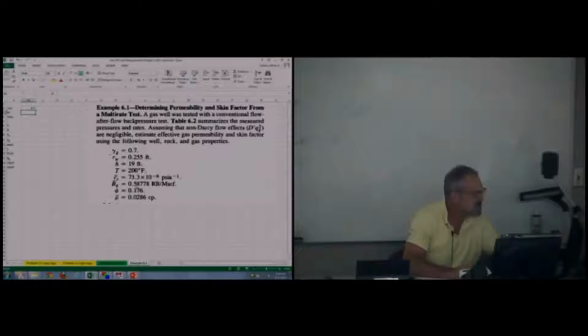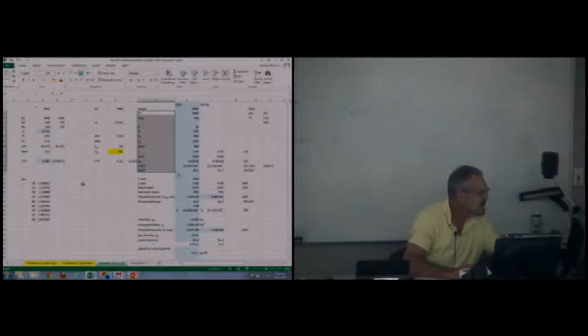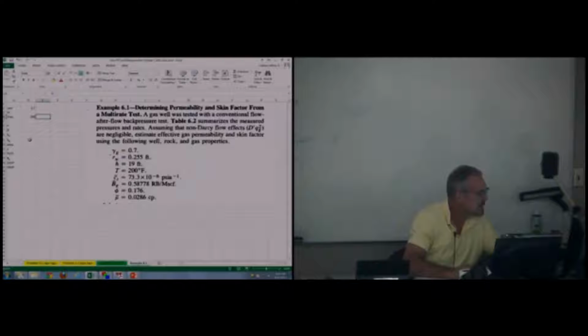Are we told initial pressure? We're not. Our temperature is 200 degrees. H is 19 feet.